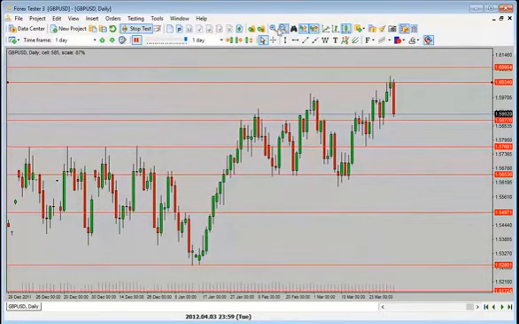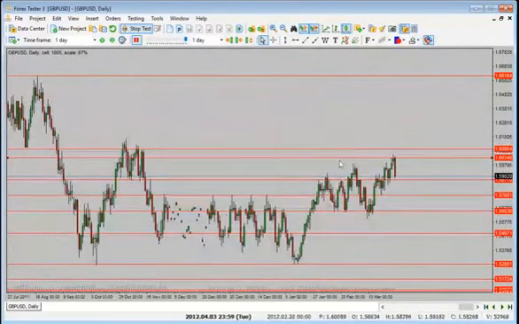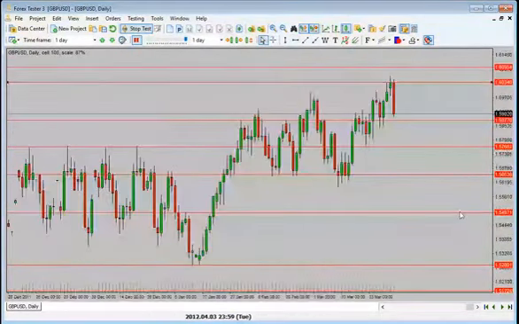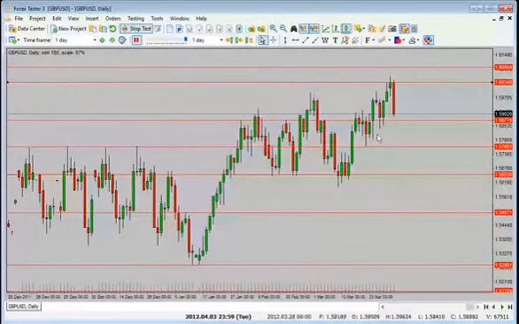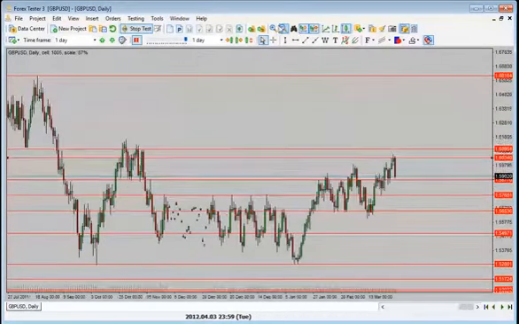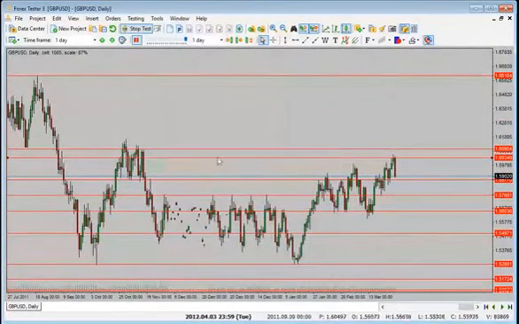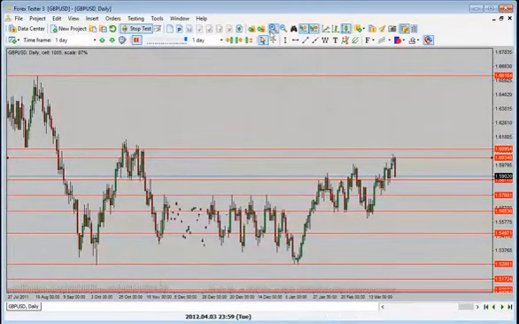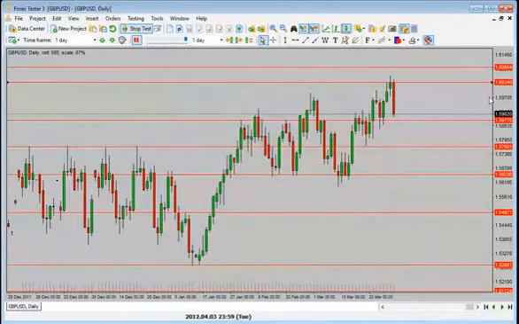Okay, so this is what I meant about being careful here. What you'll notice is when the candle bodies are larger, that means there's more momentum to the upside. And when the candle bodies start getting smaller here, there's more of a chance for price to turn around. So here we see that price tried to break to the next level, closed below, and then it has turned.